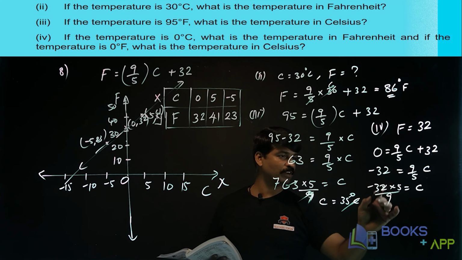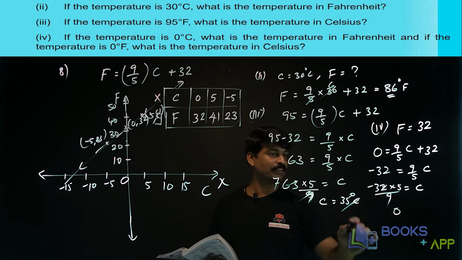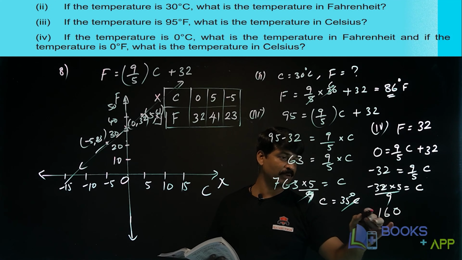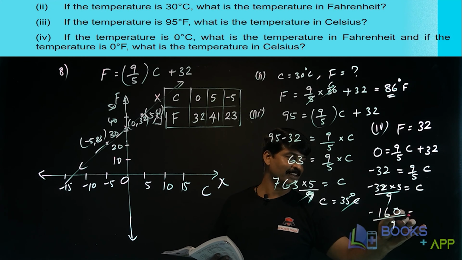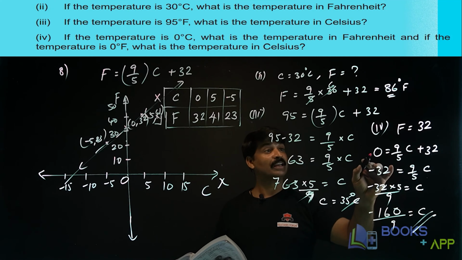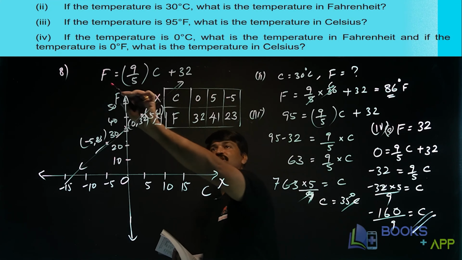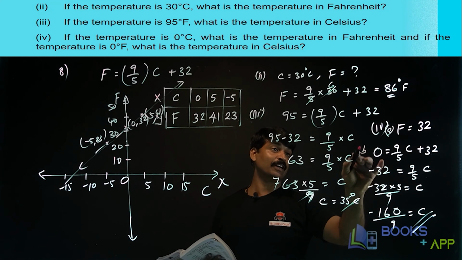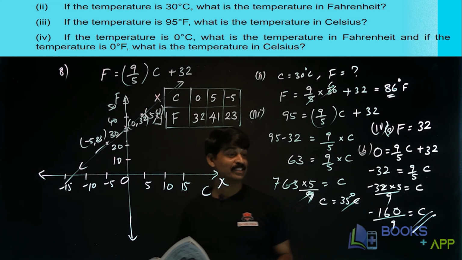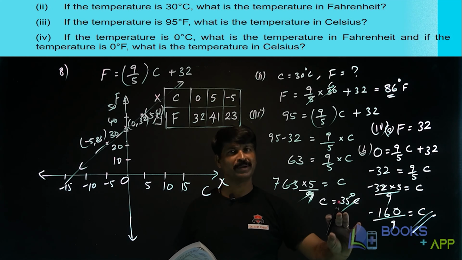What is 32 into 5? 5 2s are 10, 3 5s are 15 plus 1, 16. That is minus 160 by 9. That is the value of C when F is equal to 0. I think it is clear. When C is equal to 0, F is equal to 32. When F is equal to 0, C is equal to minus 160 by 9. When you solve, you will be getting some values.